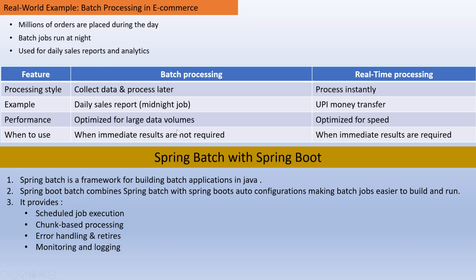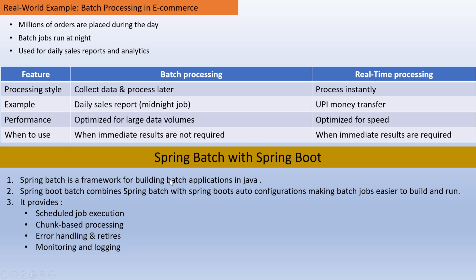For daily reports, immediate results are not required. With a UPI money transfer, immediate results are required, so there we go for real time processing. If we need report generation or migrating millions of records from one system to another, at that time we go for Spring Batch.